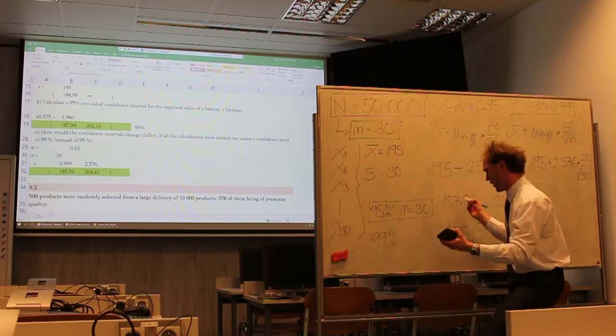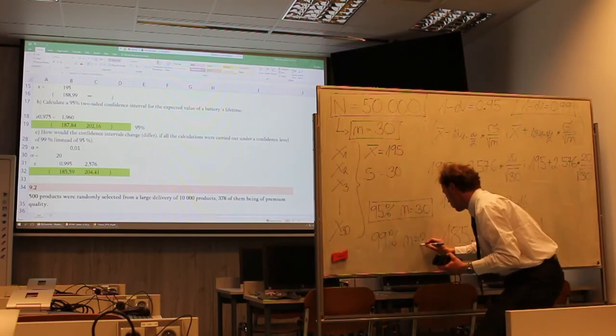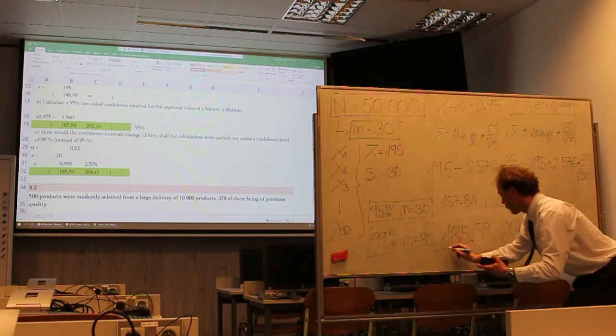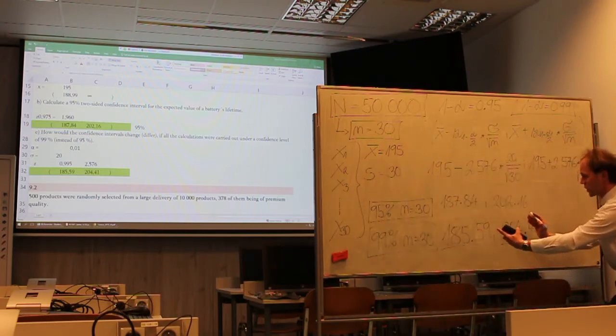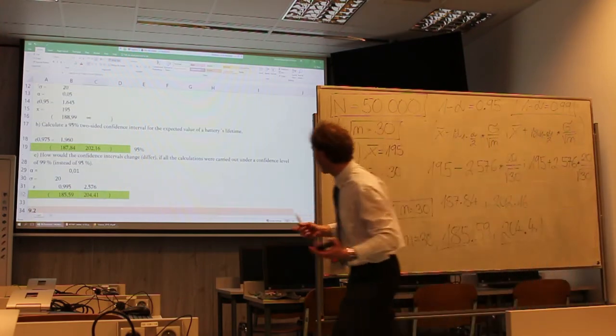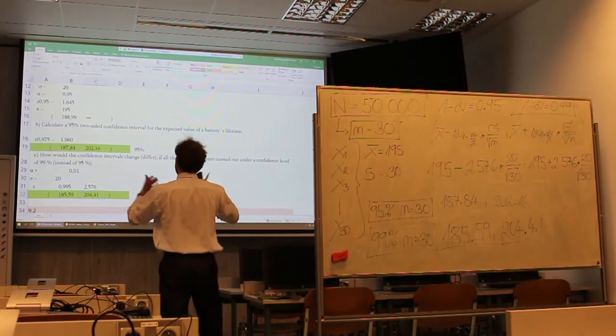So this is the situation for the 99% confidence interval, n equal to 30. Can you see the difference? This confidence interval is wider than before. So there is a difference.